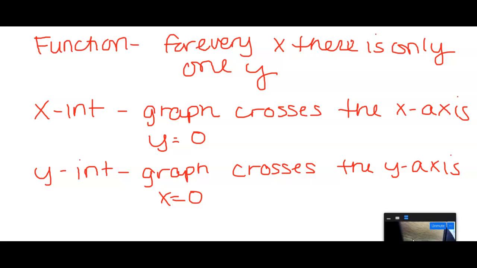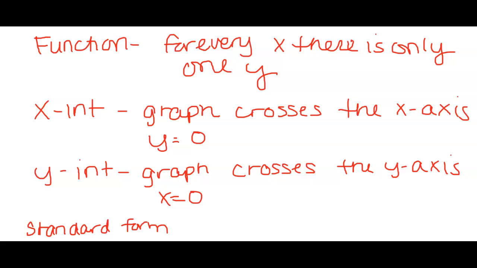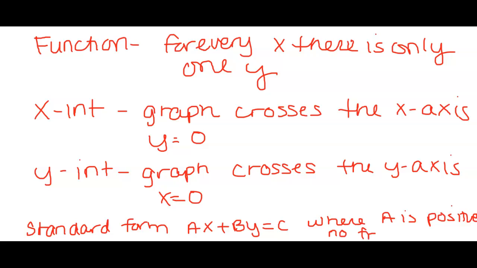Equations of a line, there are 3 of them. So you have standard form, that is ax plus by equals c, where A is positive and we have no fractions.